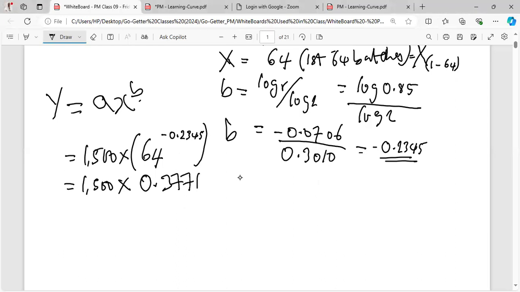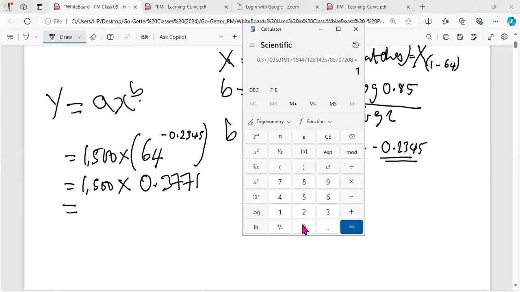Now, when you multiply this by 1500, let me leave it in my calculator like this and just multiply by 1500.